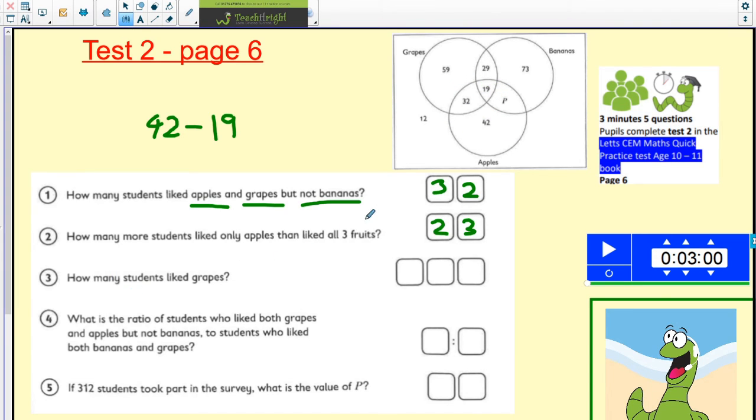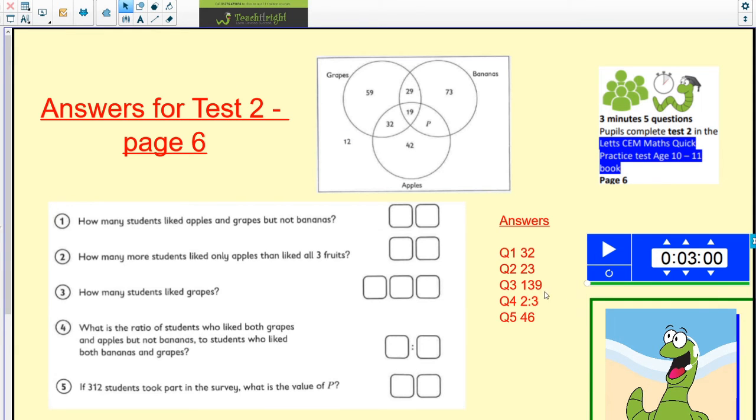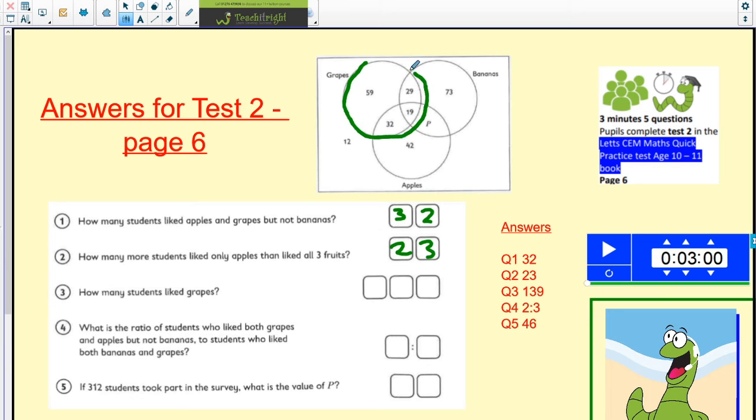How many students like grapes? Classic question. It's all of these numbers we did before. So let's go through. Oh, sorry, there was an answers page. Let's just quickly put those to the side. 32, 23. And I said everyone who likes grapes is everyone in this group here.